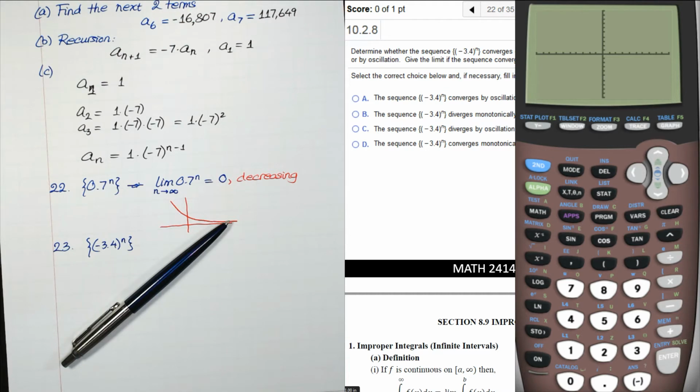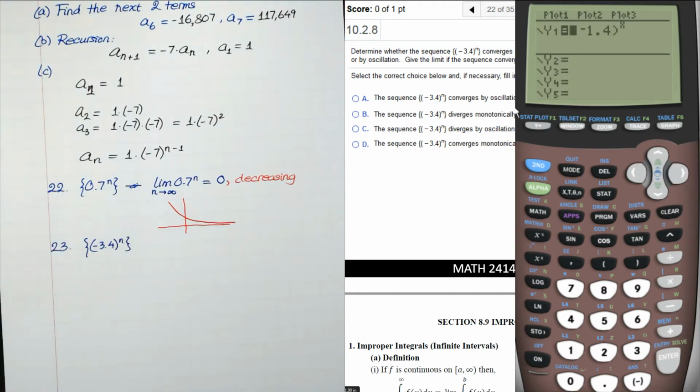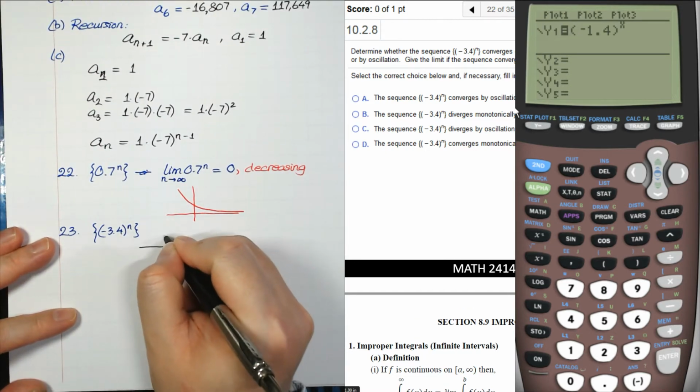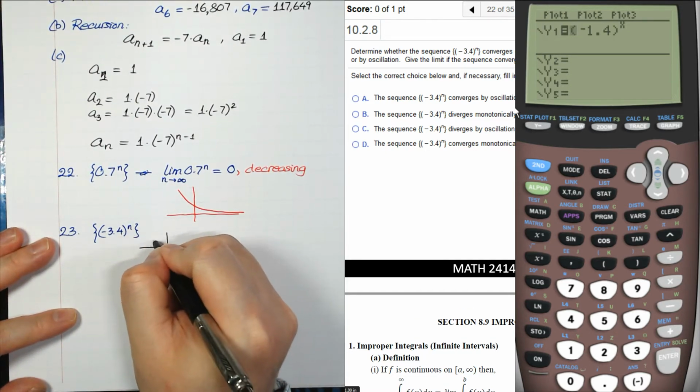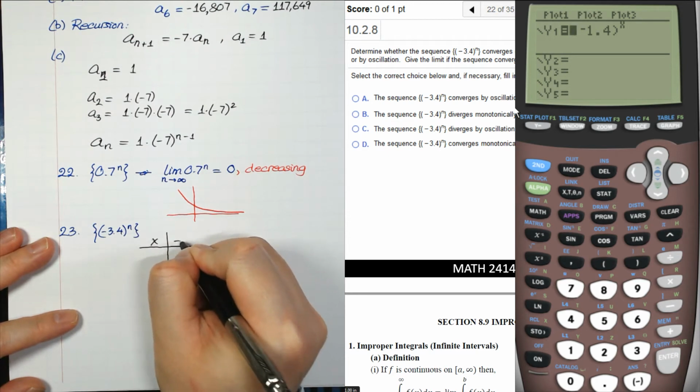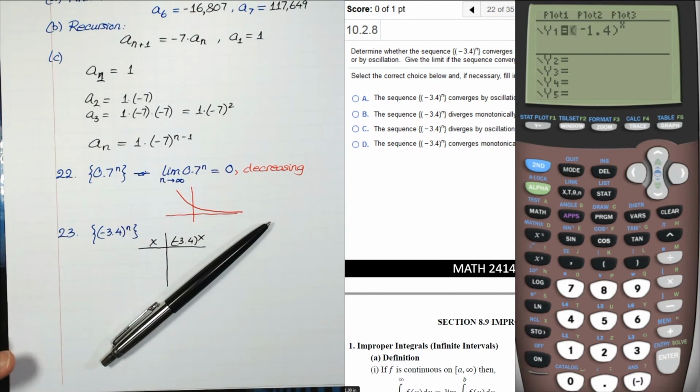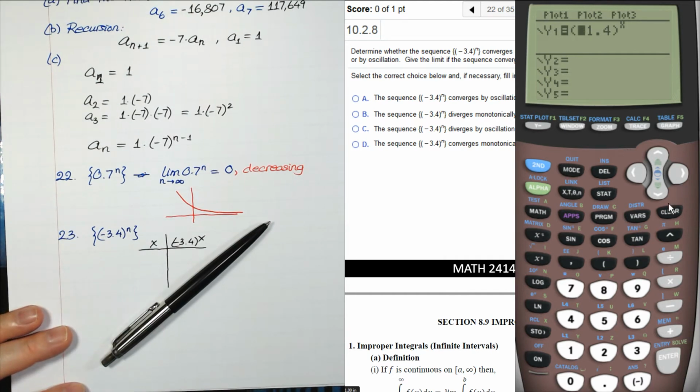Where are the points? Right, you cannot do that. We just have to do it by hand, make a table. We don't need to do this by hand though.